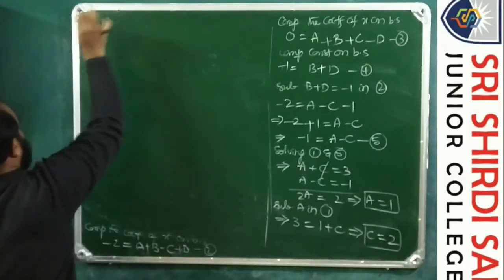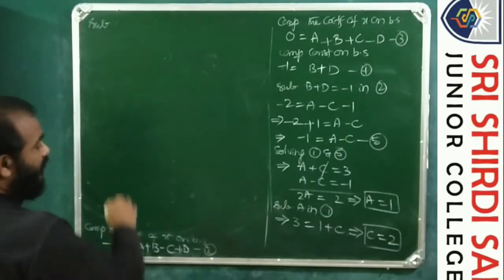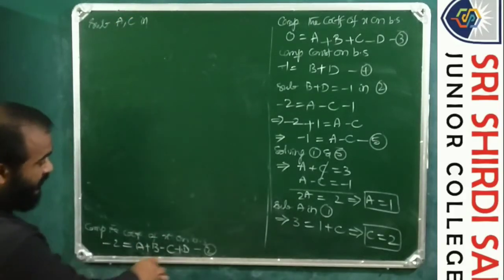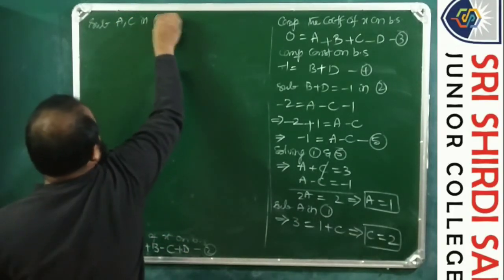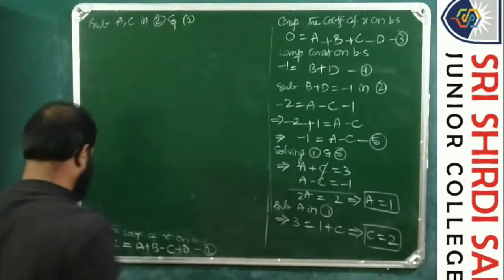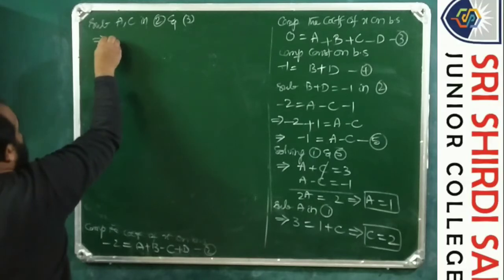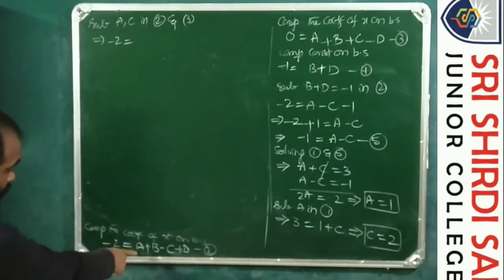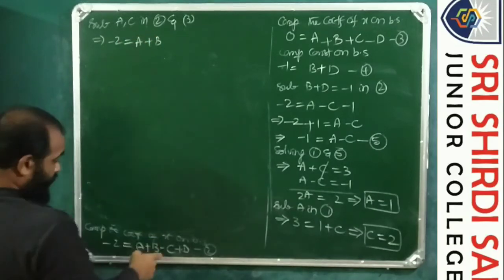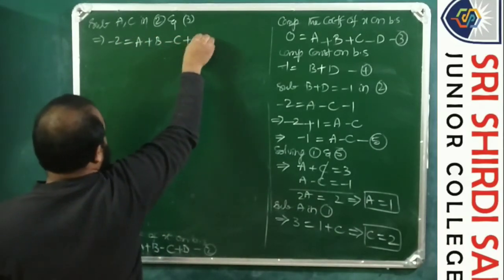Substituting a, c in the second equation, we get minus 2 equals a plus b minus c plus d.